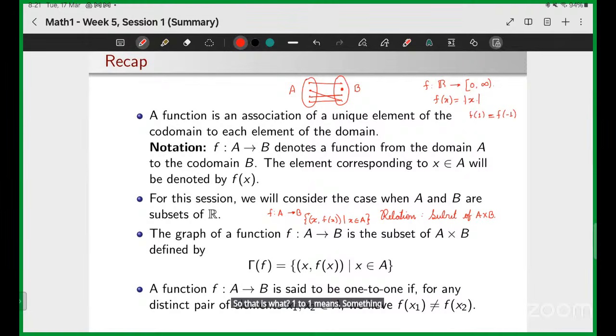So something like this should not happen: 1 is not equal to -1, and f of 1 is equal to f of -1. Such a thing is not permitted for a one-to-one function.